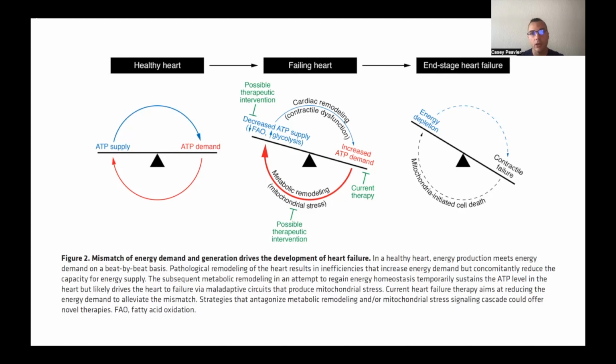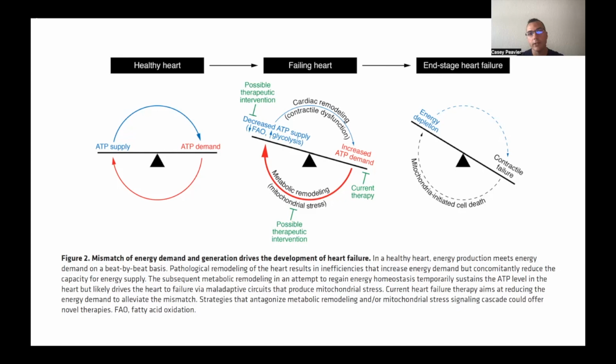But going back to the failing heart, you have a decreased ATP supply, and that's represented in this graphical representation by a decrease in fatty acid oxidation, or just oxidative phosphorylation, which is the main way your mitochondria make ATP, and an increased reliance on glycolysis, which is sugar burning, which is not an efficient process.